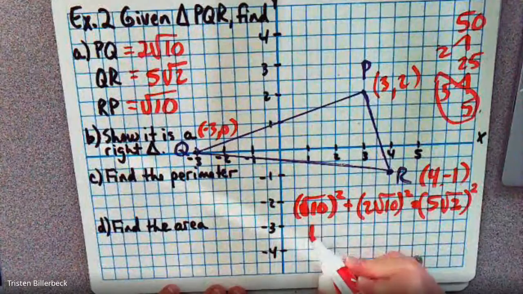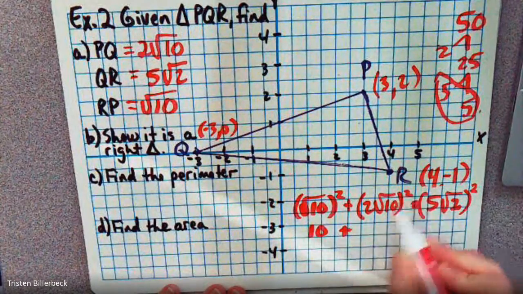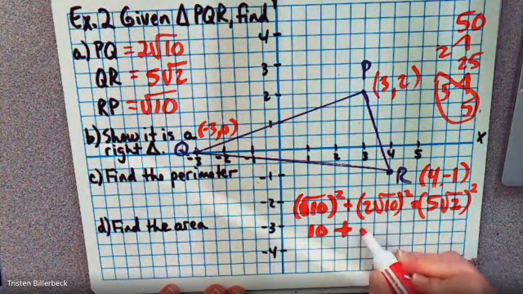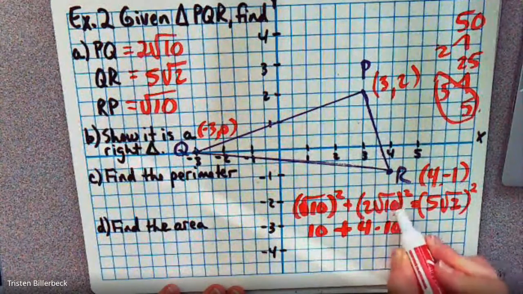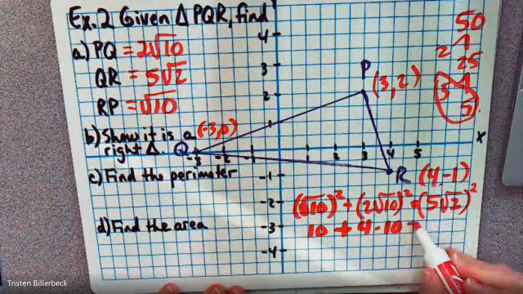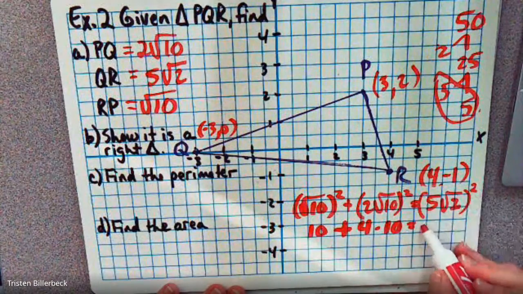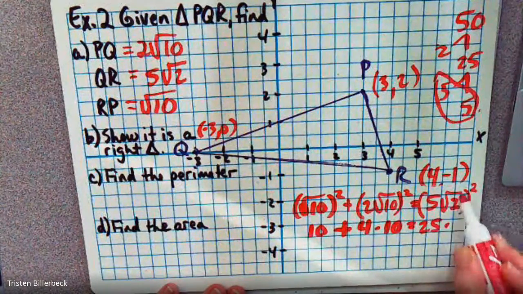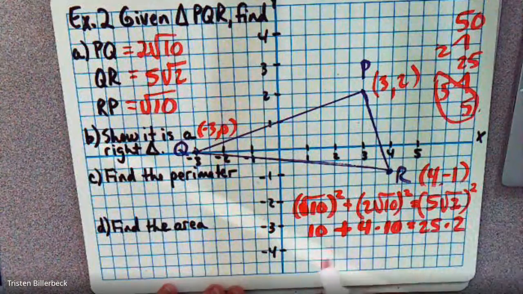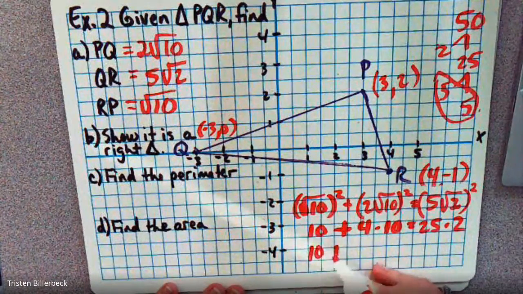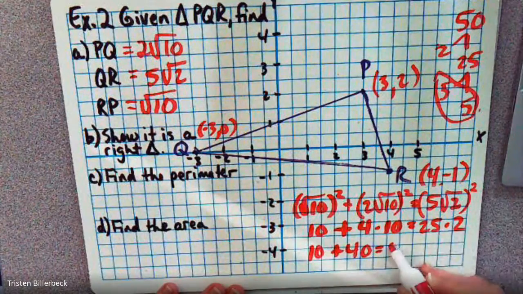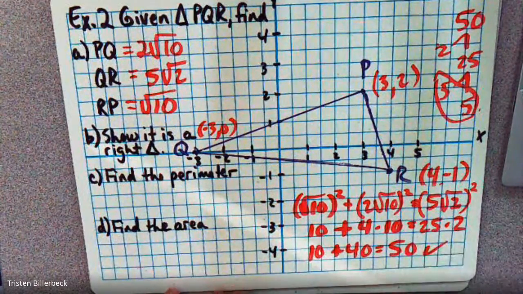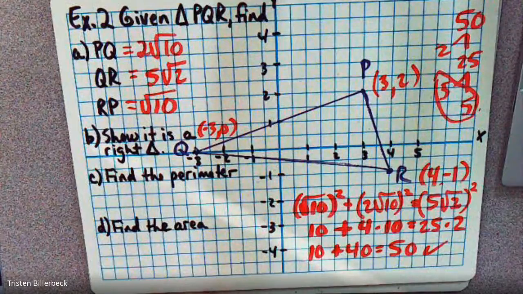So this is 10 plus, and 2 squared is 4 times 10, equals 5 squared is 25 times the 2 that gets released from that. So we have 10 plus 40 equals 50, and that checks. So it is a right triangle. So we just showed that it's a right triangle.